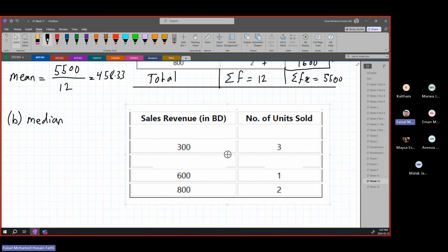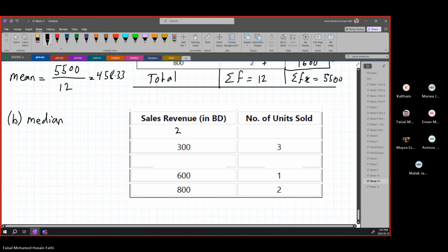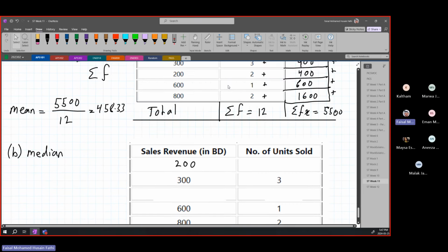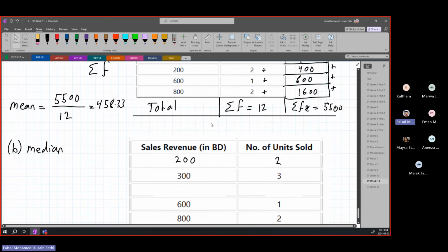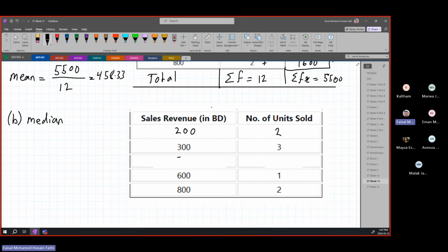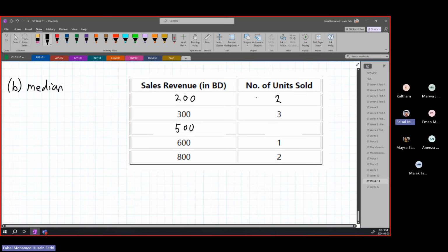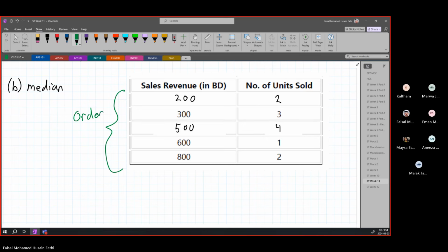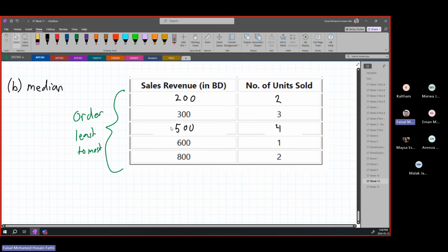Now we know that the first thing we have is 200, which has a frequency of 2, and 500, which has a frequency of 4. So this was our first step: order from least to most. Now we have that from 200 all the way to 800.